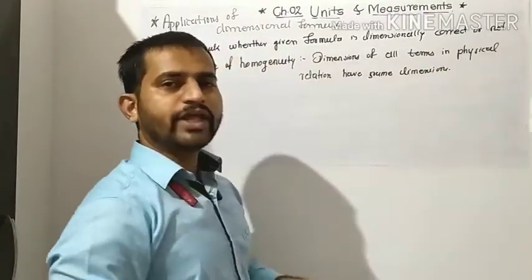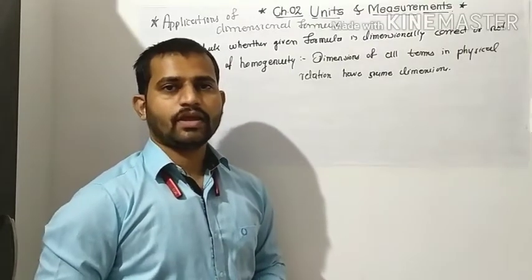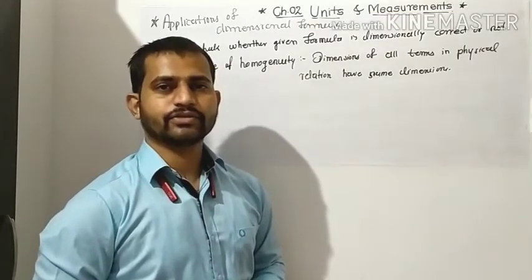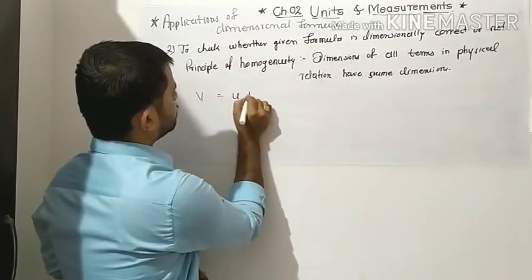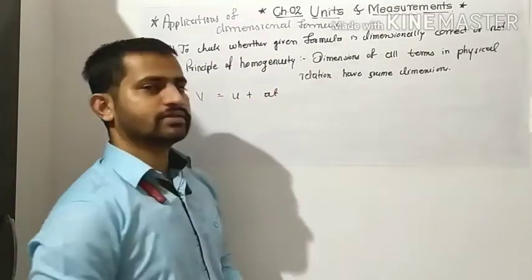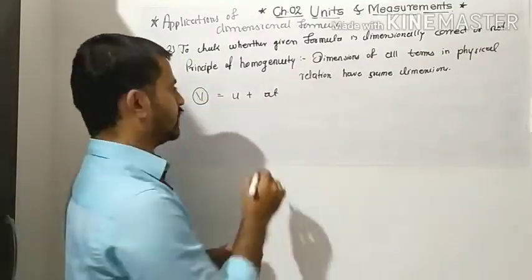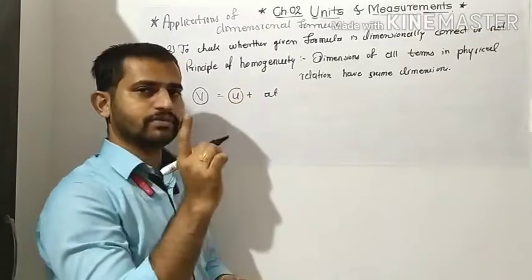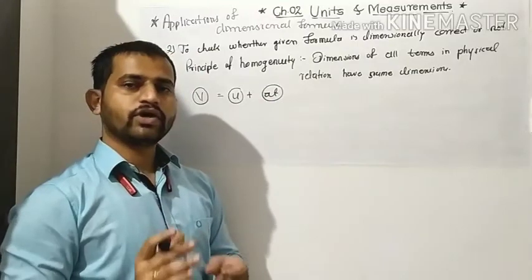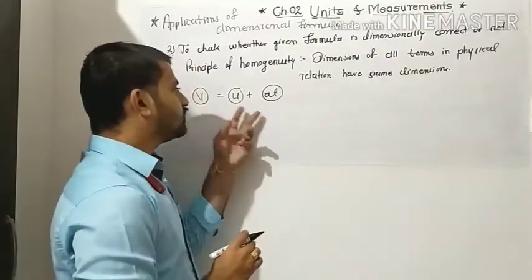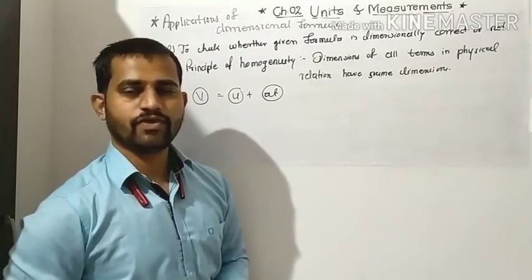If we take the example of the equations of kinematic motion, like v is equal to u plus at, then each single term is known as one term. Whatever the dimensions of all these terms separately, they have the same dimensional formula.